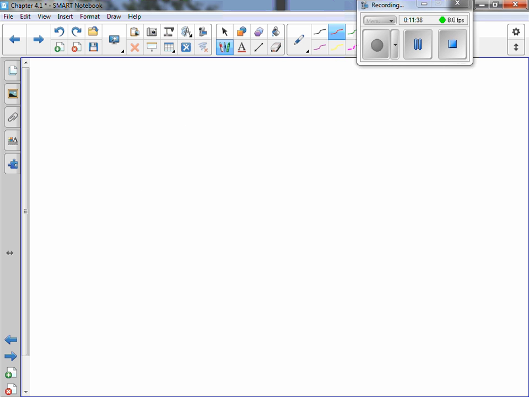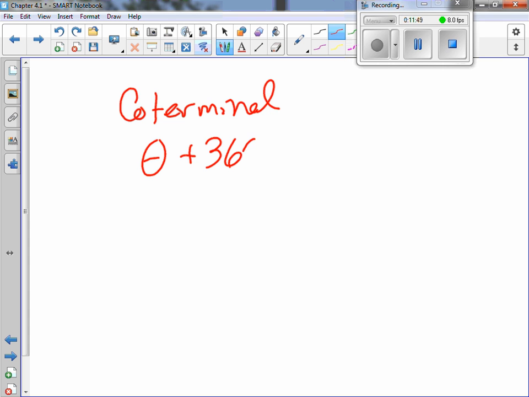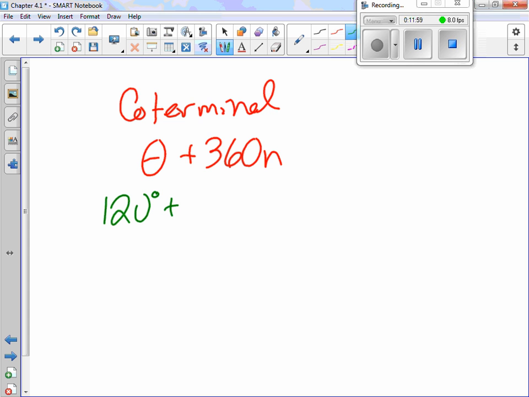And really, all of this, our coterminal angles, can be described in degrees as theta, whatever our angle is, plus 360n. Because as we saw already, given the example that our angle is 120, well, 360 times 0 would just be 120, our initial angle.